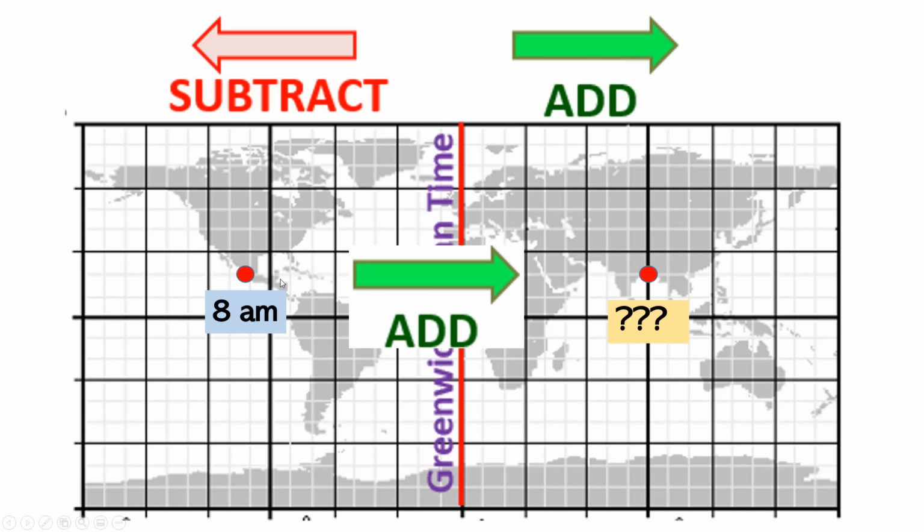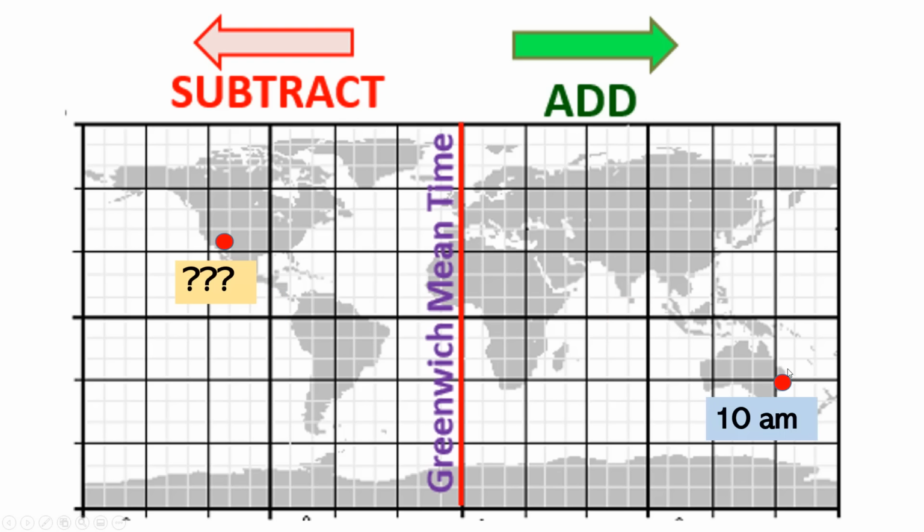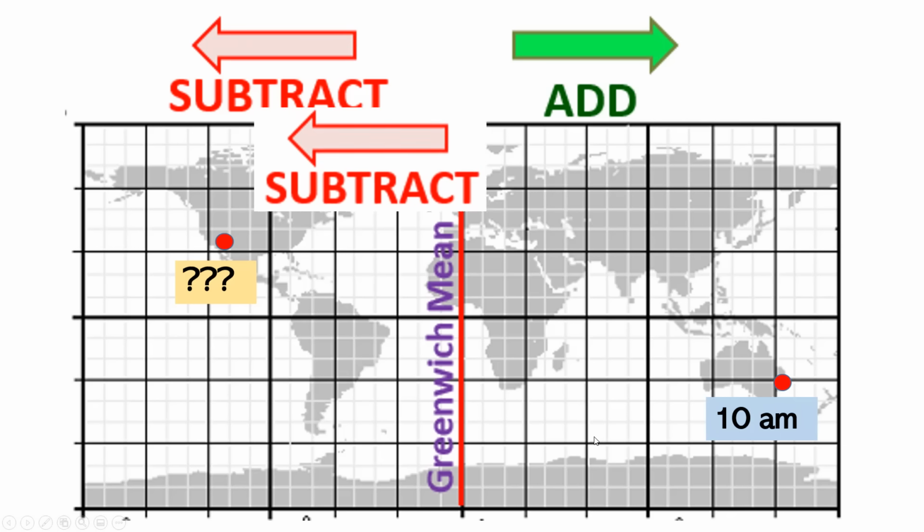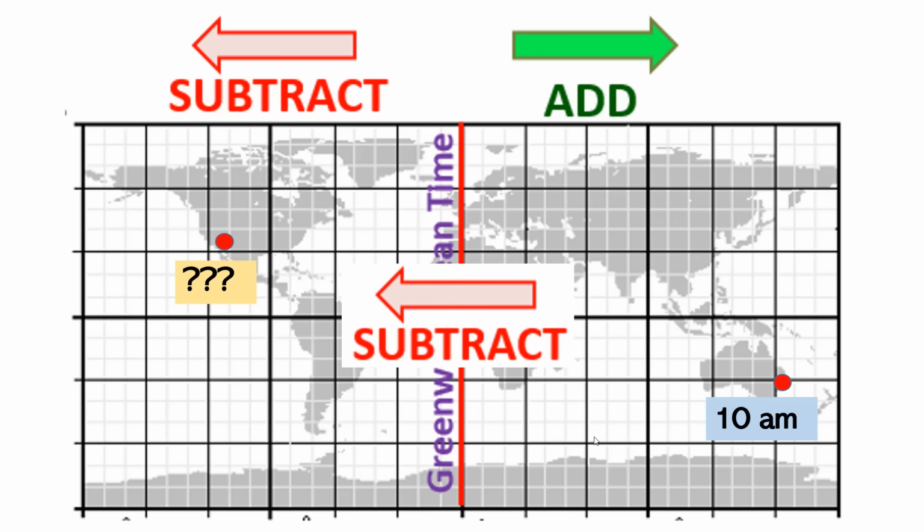If I'm trying to find the time somewhere in a positive direction, we're always going to add the time difference. If I know the time somewhere to the right and I want to know somewhere to the left, or if I'm just traveling from right to left in a negative direction along a timeline, you would subtract the time difference.